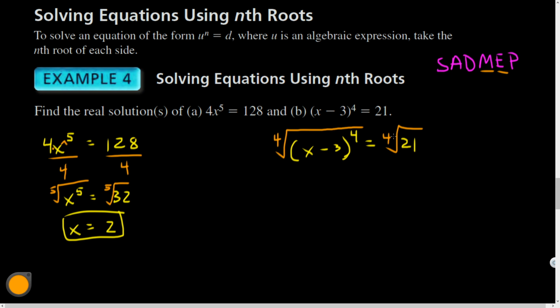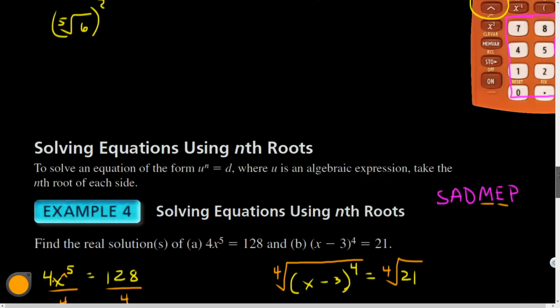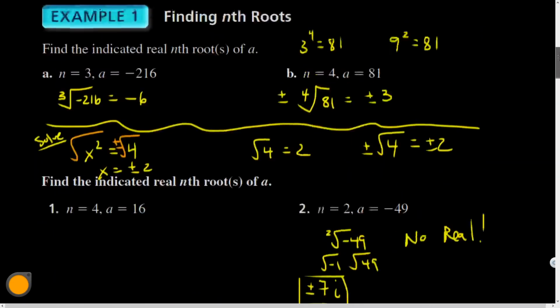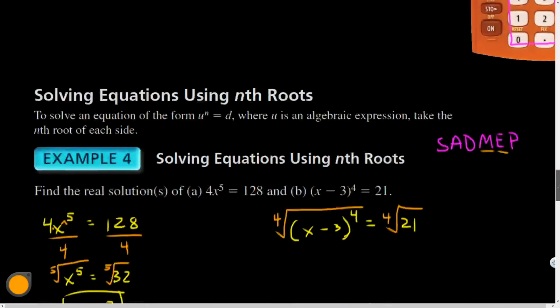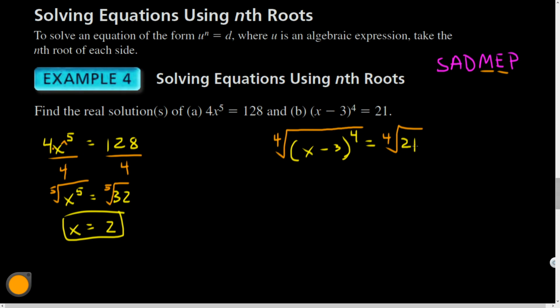And now question, are there one or two answers? Well, n is even, and I'm taking it of a positive number, and so there are two real roots, and this number does not have a fourth root. It's not a perfect fourth.